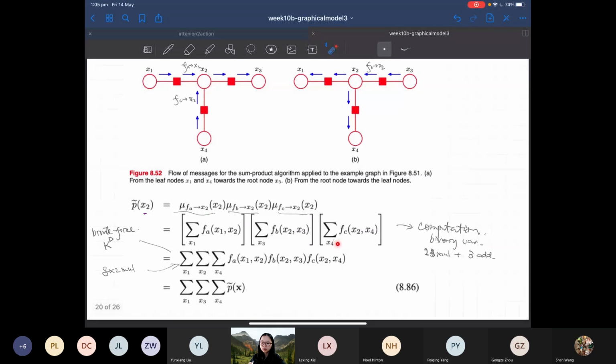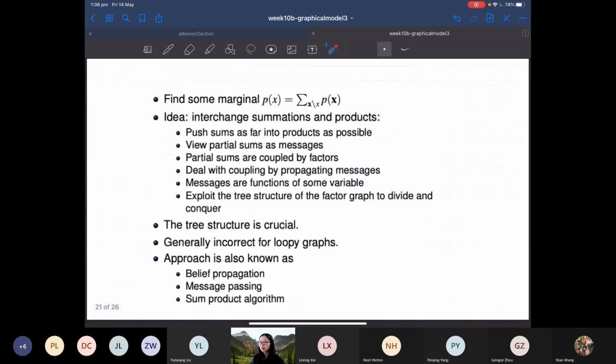If we're only summing over a small number of terms, that has more overall savings rather than summing over a large number of products, right? And we view partial sums as messages, and then they're coupled by factors. We're propagating messages along the direction, the order of computing these partial sums and products, essentially.